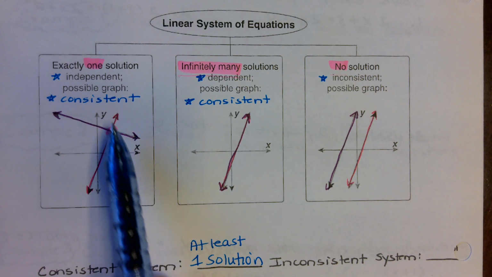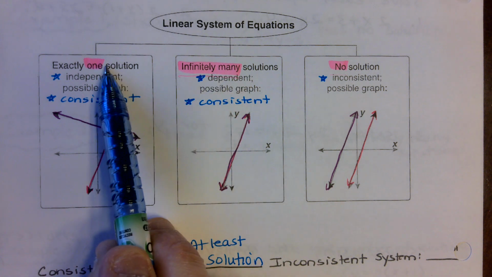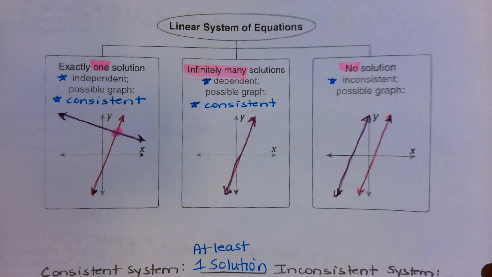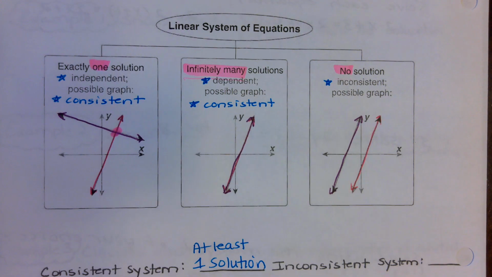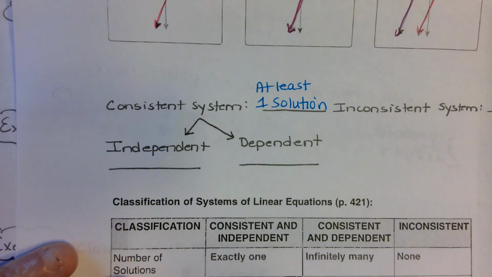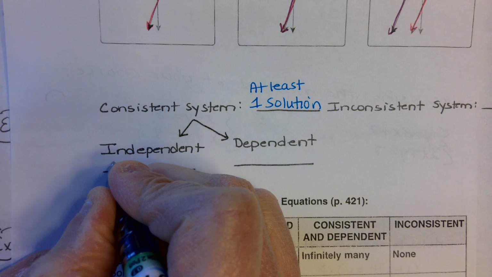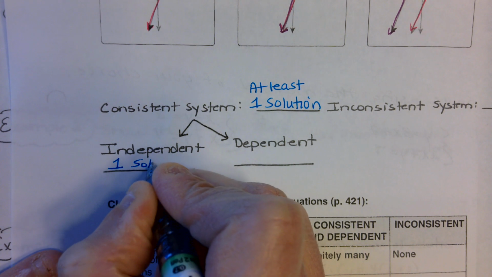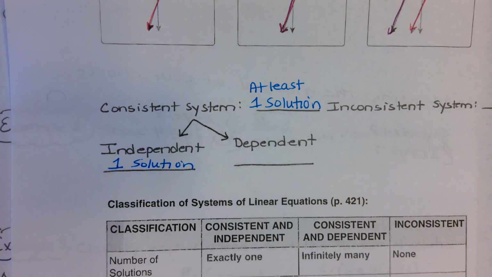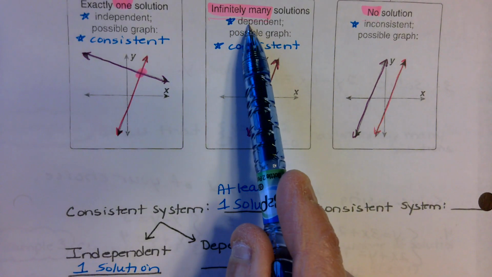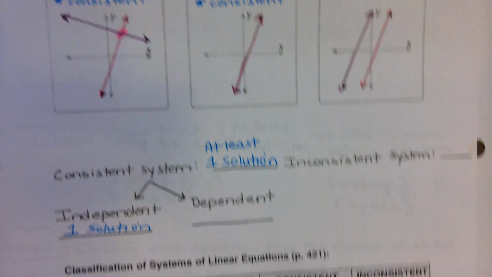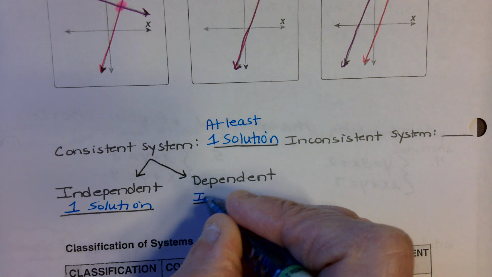Because a consistent system has at least one solution. Independent, right here, is when it has one solution. Dependent, right here, is when it has infinitely many solutions.